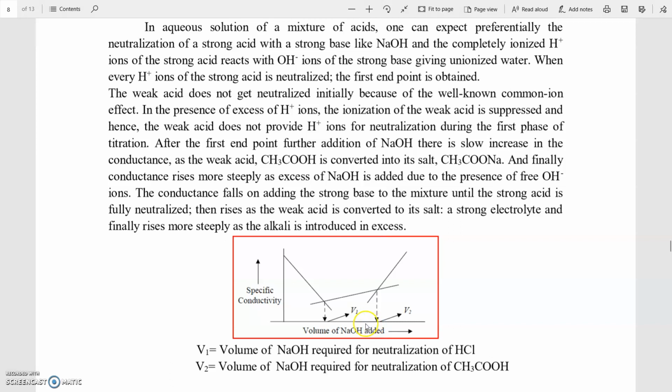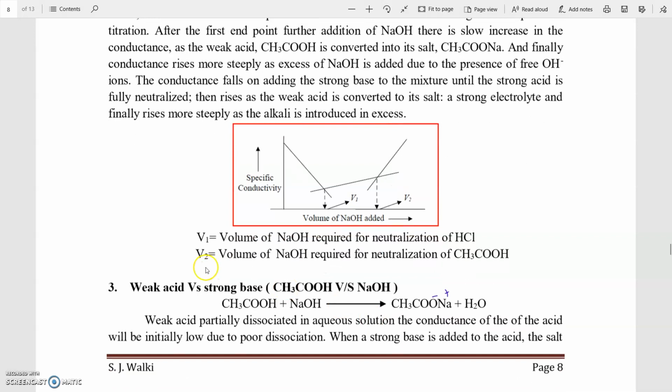Then by taking the difference between V2 and V1, we obtain the end point for neutralization of acetic acid, where V1 is the volume of NaOH required for the neutralization of HCl and V2 minus V1 is the volume of NaOH required for the neutralization of acetic acid.